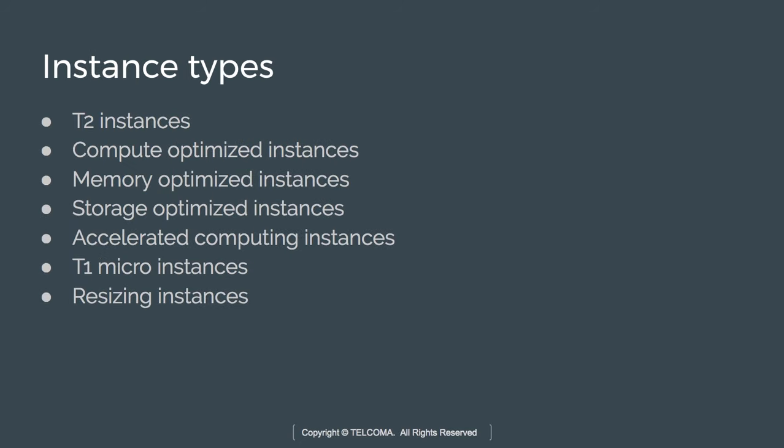So let's discuss various instance types. These are the various instance types available: T2 instances, compute optimized instances, memory optimized instances, storage optimized, accelerated compute instances, T1 micro instances, and resizing instances.